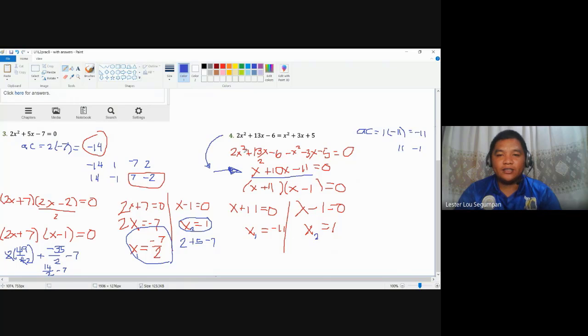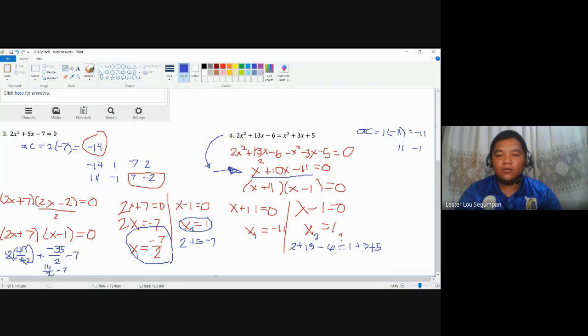1 squared is 1, so you have 2. And then 13 times 1 is 13. The other side is minus 6 rather. And then you have the other side, 1 squared being 1. Let's use a question mark. Right. It's not equal to 0 as compared to earlier, so let's use the other side. Plus, 3 times 1 is 3, and then 5.